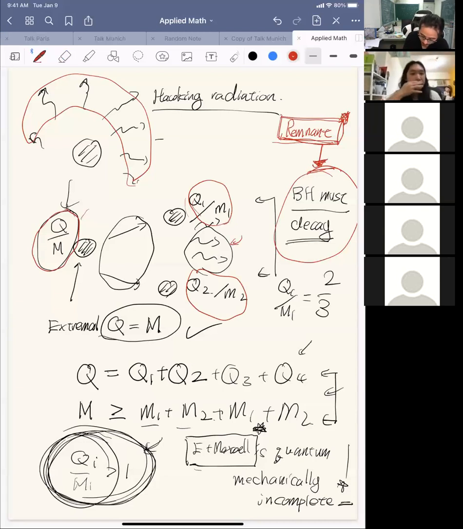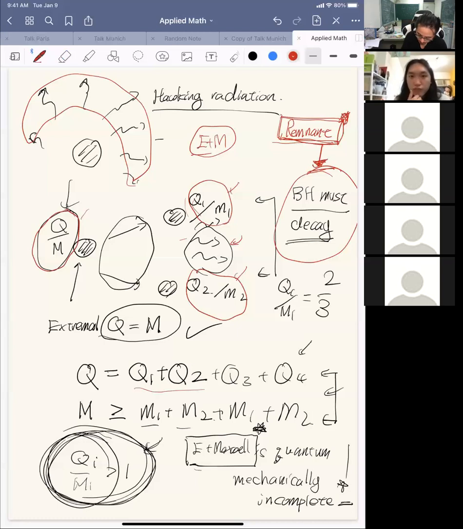Now, if it's decaying to charged objects and Hawking radiation, and if you only have Einstein-Maxwell theory, then these Q over M states can only be black holes, right? Because you don't have any matter. So these Q over M states are only black holes.